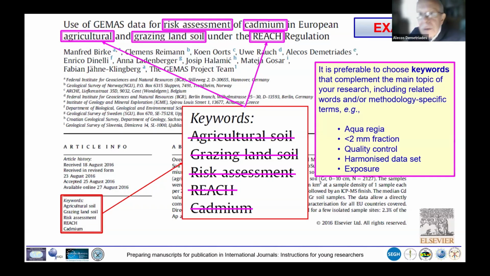We should have used other keywords that complement the main topic of your research, including related words and/or methodology-specific terms. For example, in this case, we should have used aqua regia, the fraction less than 2 millimeters, quality control, harmonized data set, exposure, and in a sense, the article would have been better searchable.